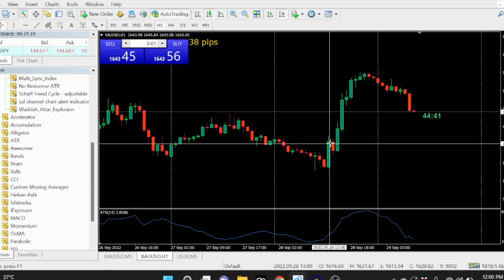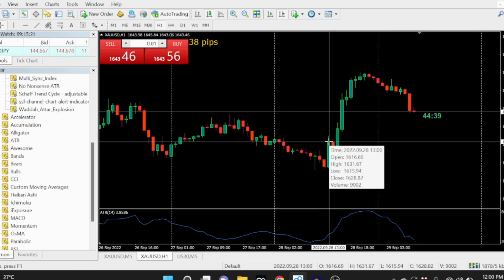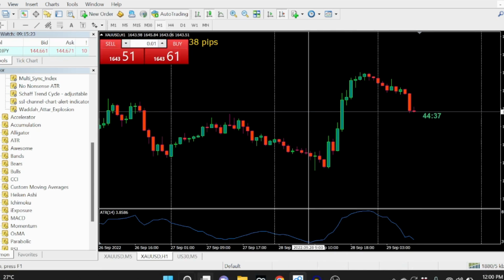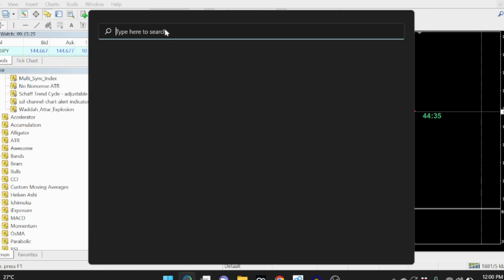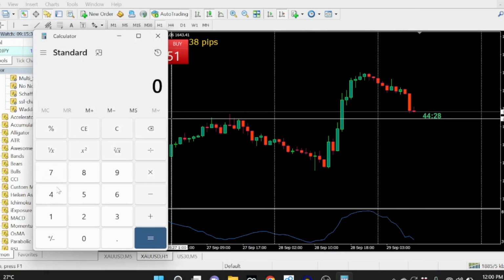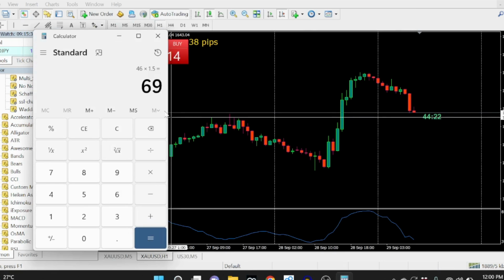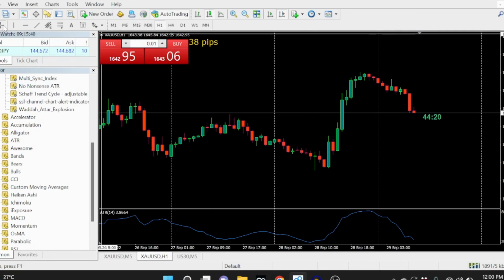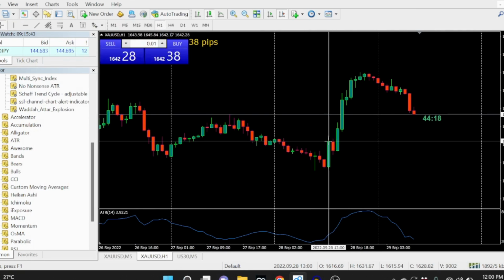So we go to the calculator and calculate 46 into 1.5. All right, so 69 pips is our stop loss. If you place your stop loss here, then 69 pips is almost here.